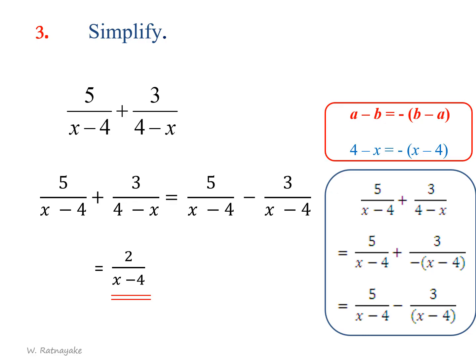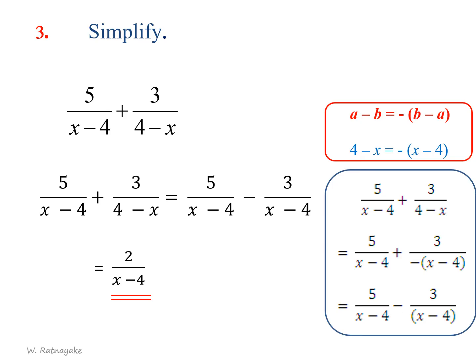And if the denominator of the second fraction is a difference, we can change the terms to x minus 4. So we can use this mathematical trick to simplify an expression including this type of fractions easily.